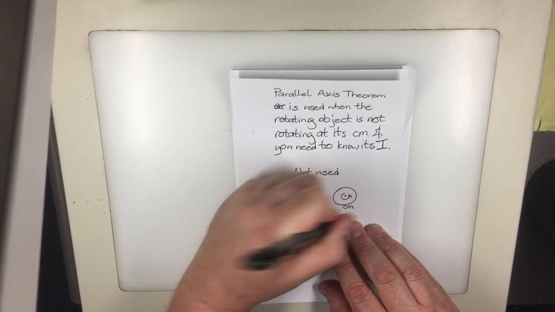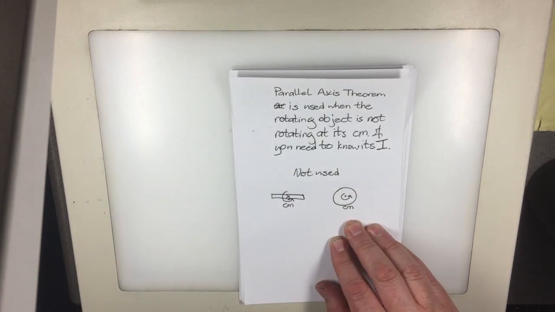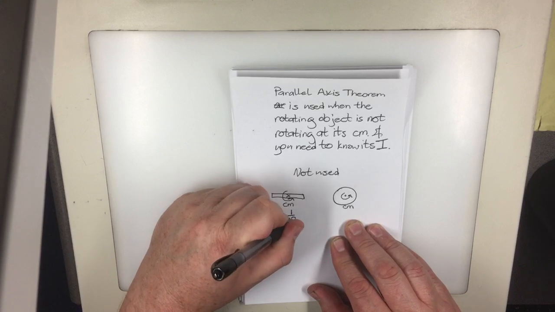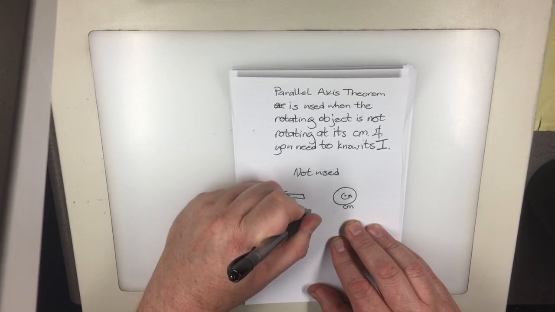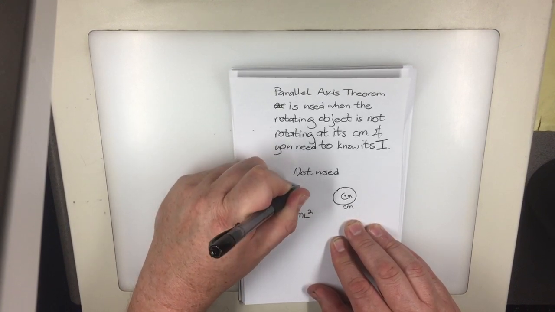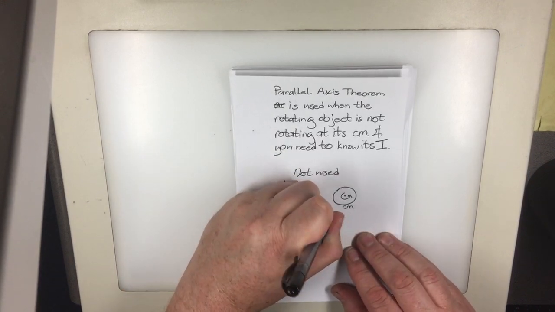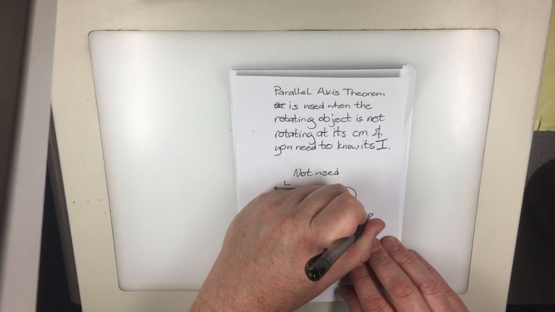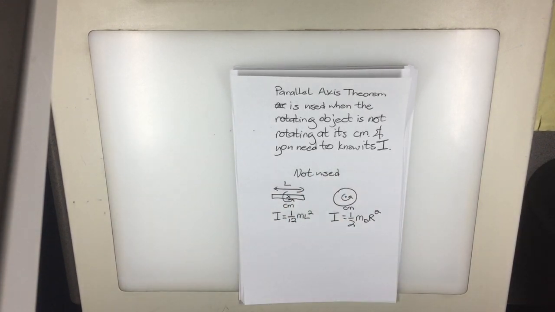If it is rotating about its center of mass, the moments of inertia are easy. I have them written down for you. And it's just this. But in situations where the object isn't rotating around its center of mass, then it just adds an extra layer.